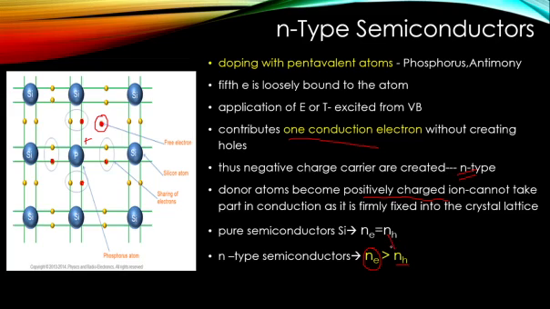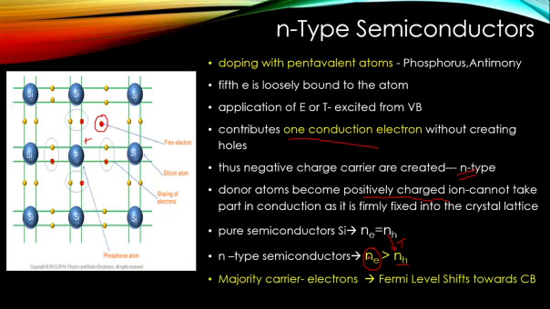Holes are there already due to the intrinsic temperature of the material. So in addition to that, there will be an equal number of electrons also, but in addition to that, the dopant also contributes one electron each. So the majority charge carriers in n-type semiconductors will be what? Electrons. So what will happen to the Fermi level? Fermi level will shift towards the conduction band. Why?